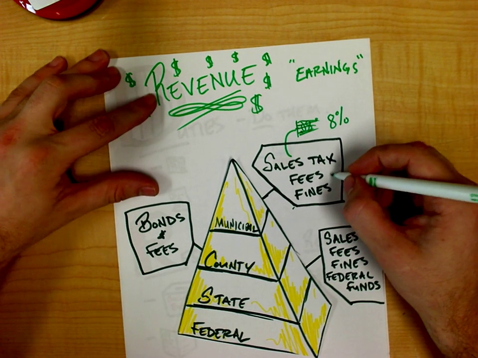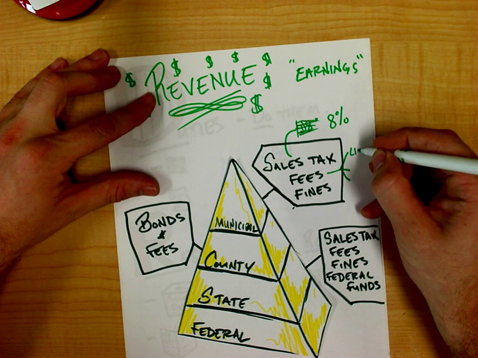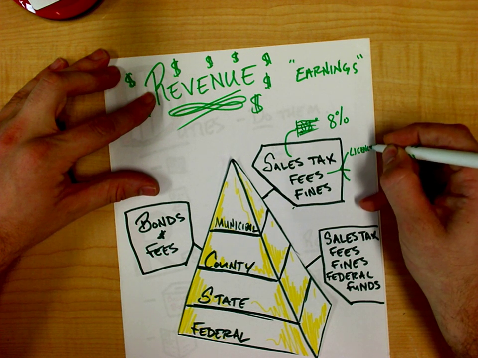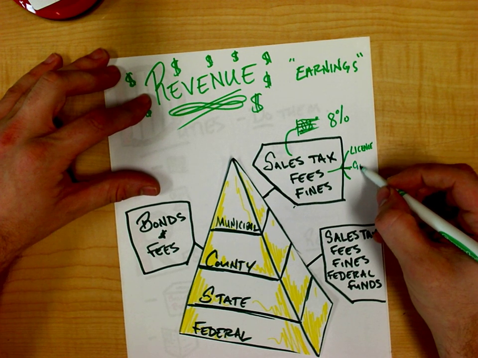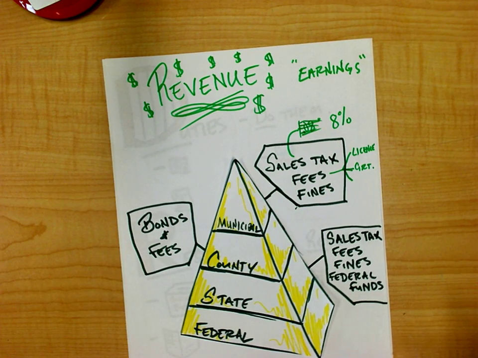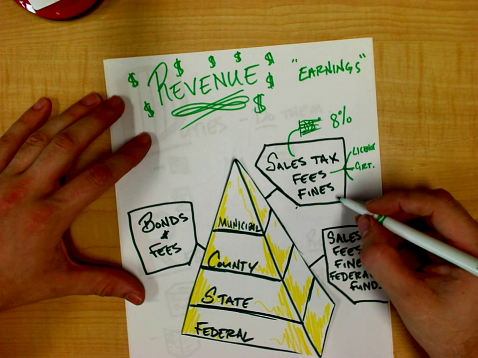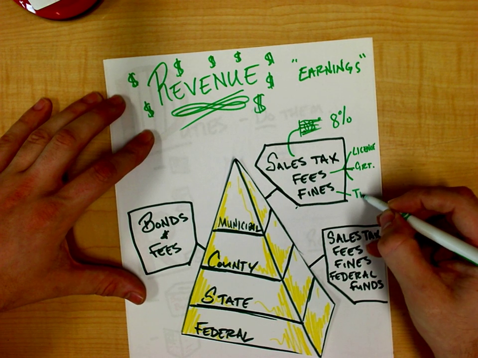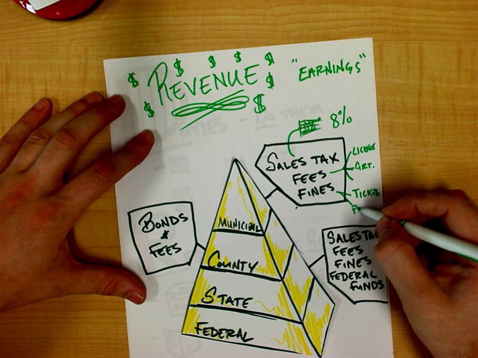It also has fees, and fees come from things like licenses. They also come from things like certificates. For instance, my teaching certificate would be a fee that goes into this. And then you also have fines. Fines are things like speeding tickets or property fines.